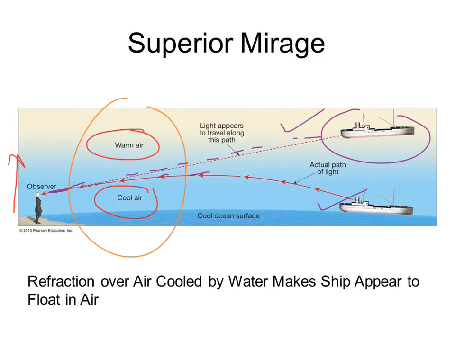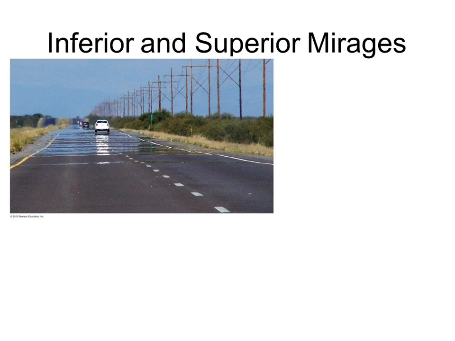Now this is a figure, so I've actually got the real photograph to show you here in a minute of a superior mirage. So again, you see it above the horizon like the previous slide said, and it will not be upside down. Inferior mirage. Yep.